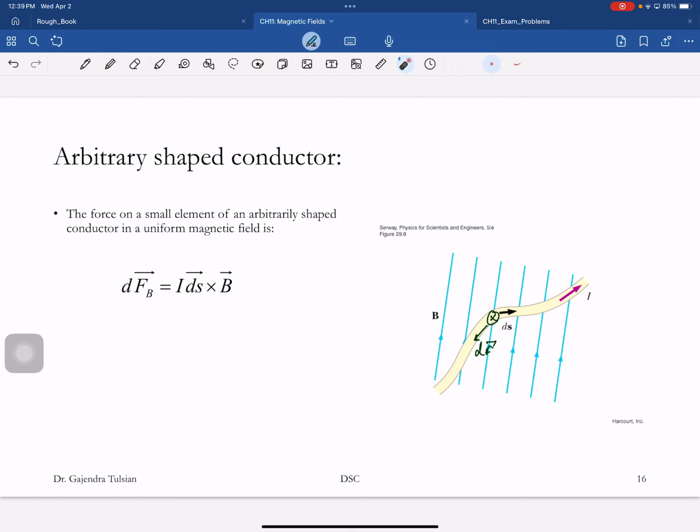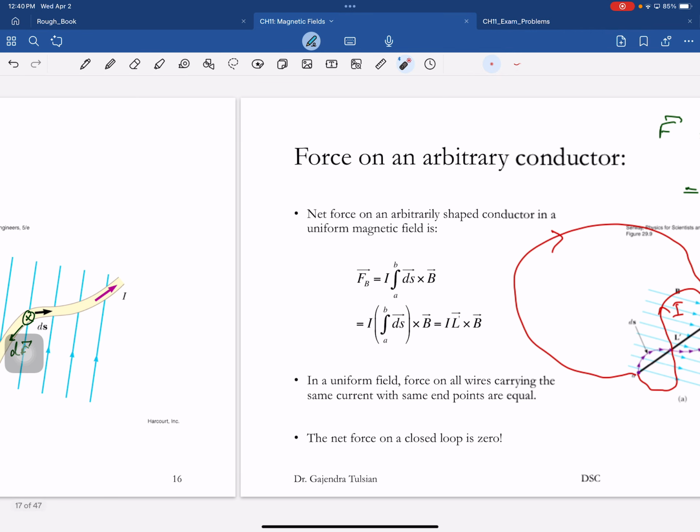So for instance, if this was in the plane of the sheet and this was in a uniform field, the force on this piece would be, using the right-hand rule, ds cross B, and the force would be coming out of the plane. The force on every little piece is coming out of the plane, and you could get the total force.